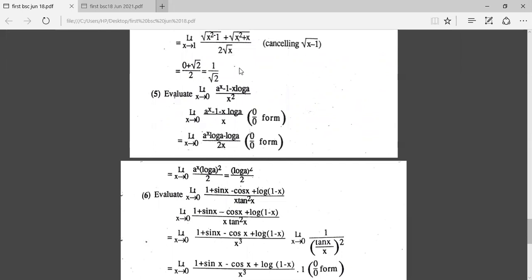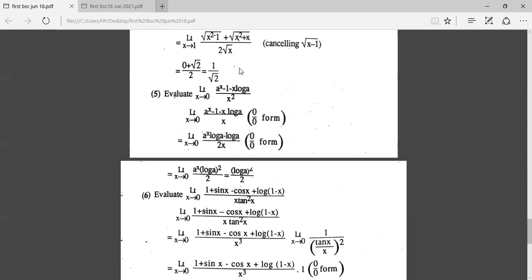Because it is of the form 0 by 0, using L'Hospital rule we have to differentiate the numerator and also the denominator till the indeterminate form vanishes. First, differentiate a raised to x. By logarithmic differentiation, the differentiation of a raised to x is a raised to x log a.